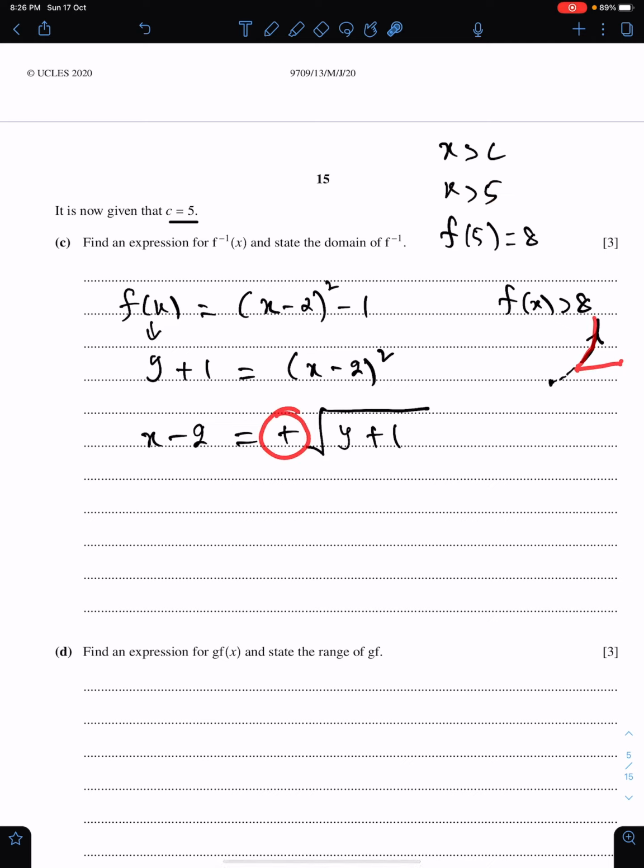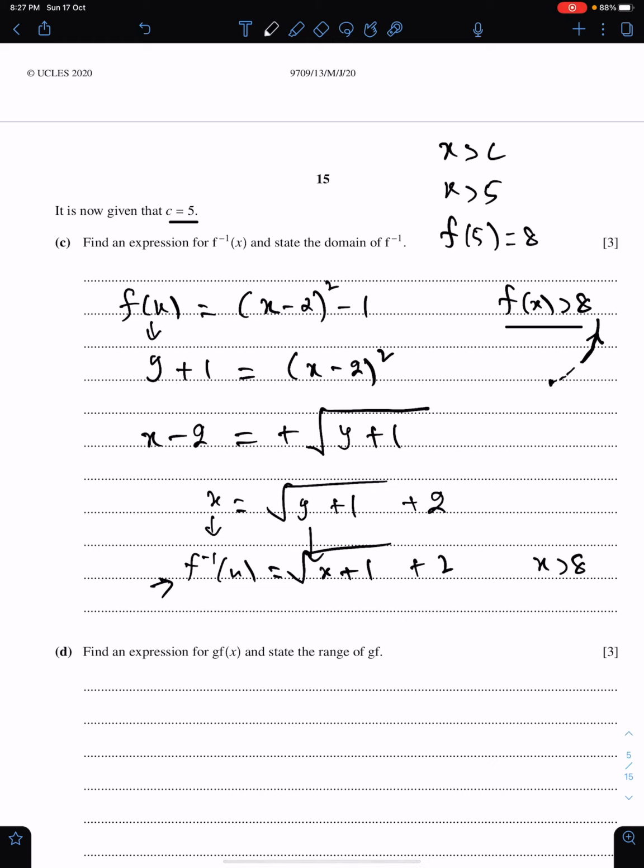Finally, first we have to make x the subject, and then we need to replace x by f inverse and this y by x. And this range will become the domain of this function.